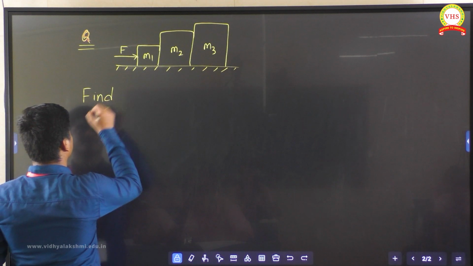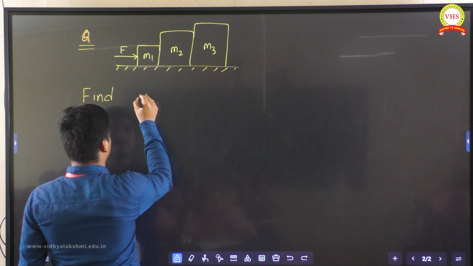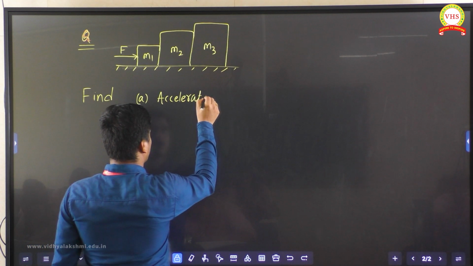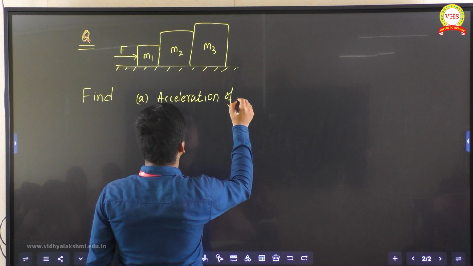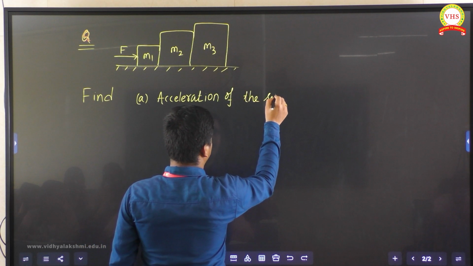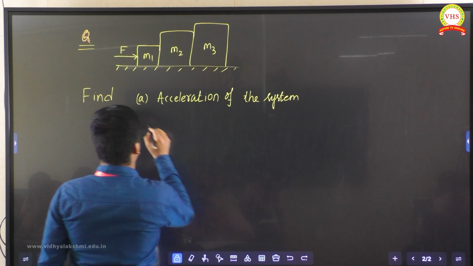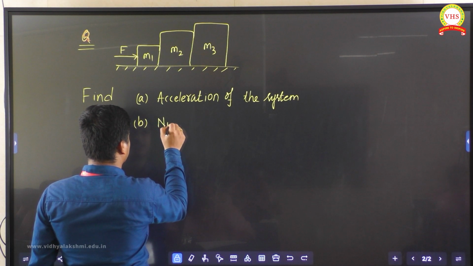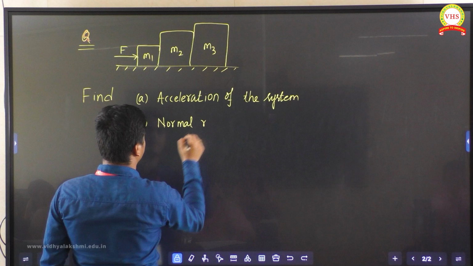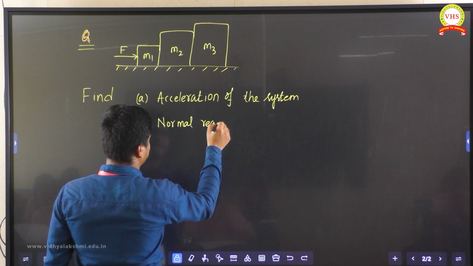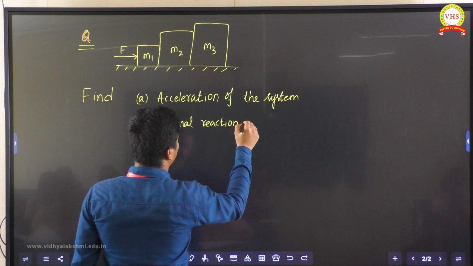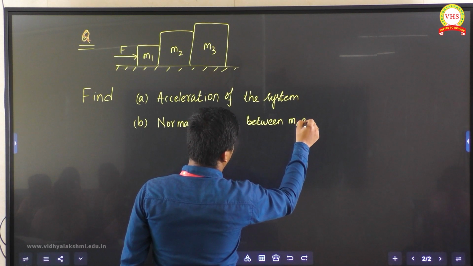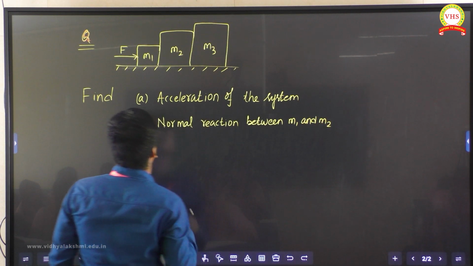Now find: A, acceleration of the system. Number B, write normal reaction between M1 and M2.